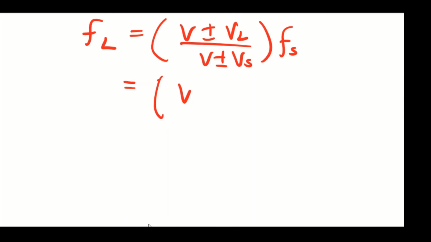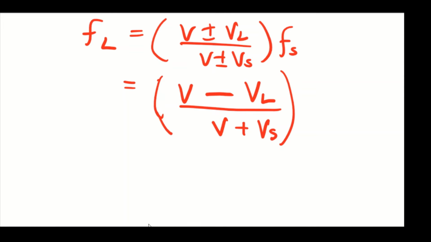It's going to be v, the velocity of sound in air, which is 340, minus the velocity of the listener, and divided by v plus v of source, because the fire engine is moving away, so it's positive. For the listener we take this sign as negative, multiplied by f of s.